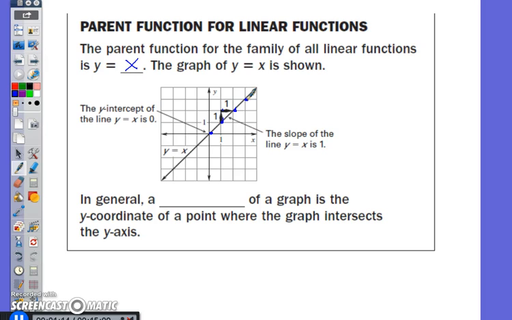And in general, a y-intercept of a graph is the coordinate point where the graph intersects the y-axis. There we go. So that's all we really need to know. Again, when you have y equals x, it's y equals 1x plus 0. If there's no b, you can always put a 0 behind it so you know what the y-intercept is.